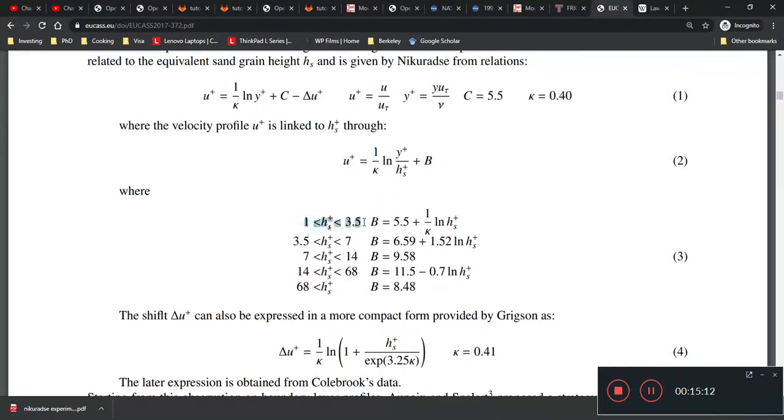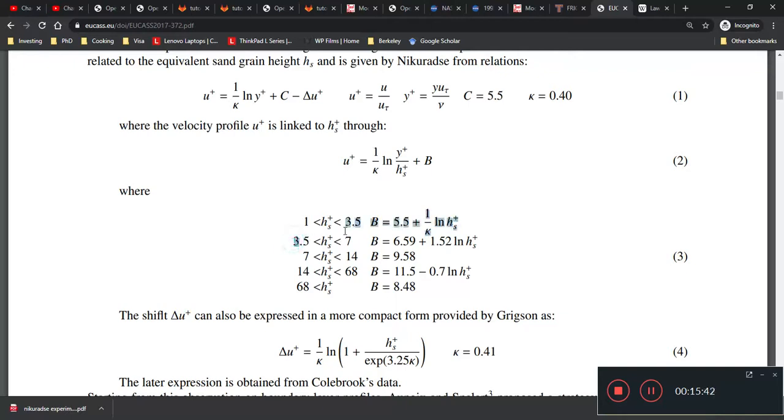In the first case, where hs plus goes from 1 to 3.5, B equals 5.5 plus 1 over kappa ln hs plus. This is all fitted to experimental data, so there's no real theoretical background to it, except of course you do this non-dimensionalization to help make it more general.